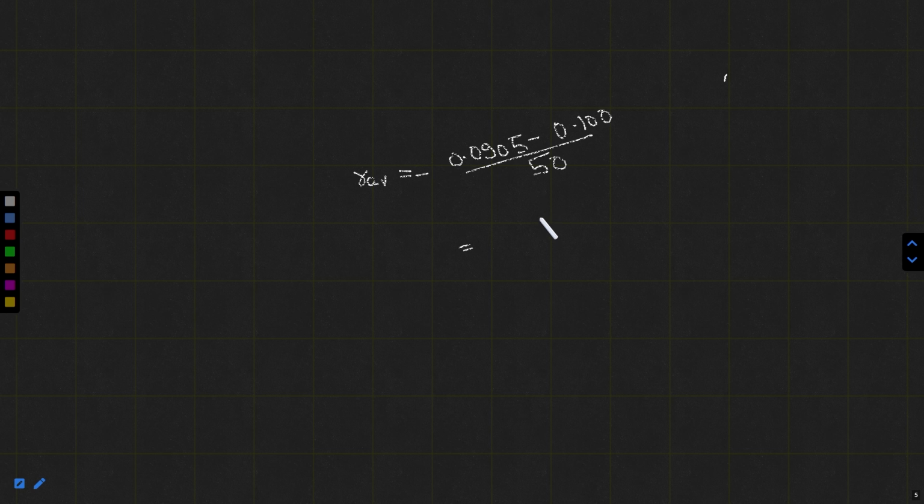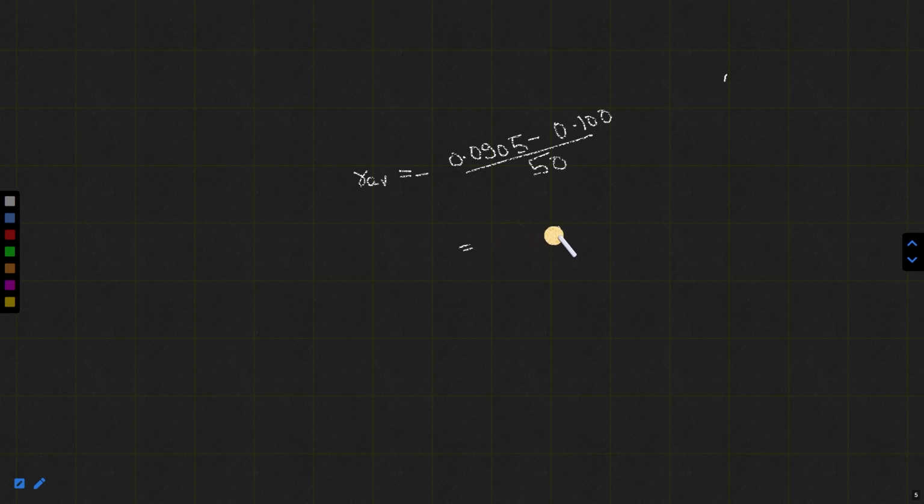If you just solve it, you will get here 0.10, that means 10 minus 5, and here we will get 0, that is 9 minus 0 would give us 9. Again 9 minus 9 would give us 0. So this is the value.